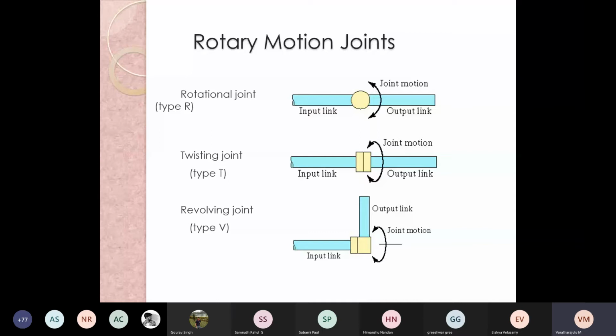Concerning rotary motion joints, we have 3 different types. The first one is the rotational joint, written as R in short form, and it provides rotational motion of the joint with the axis of rotation perpendicular to the axes of the 2 links.